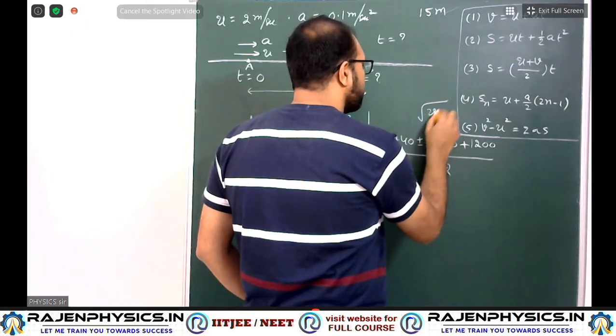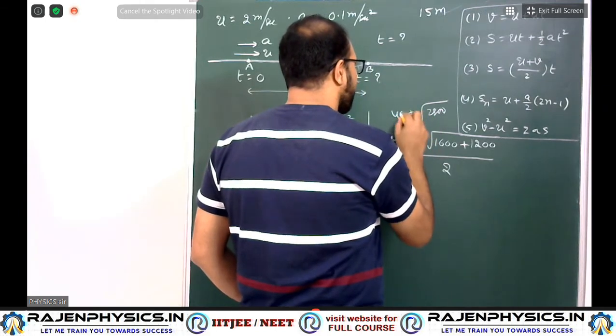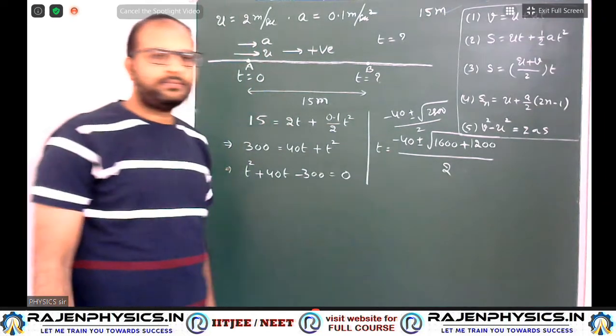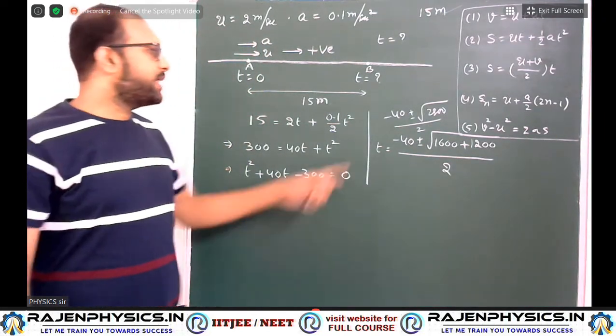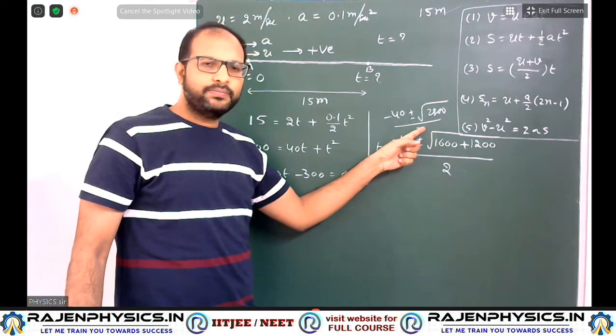So square root of 2800, plus or minus, minus 40, divided by 2. Yes, so students, minus 40 plus or minus root 2800 by 2.